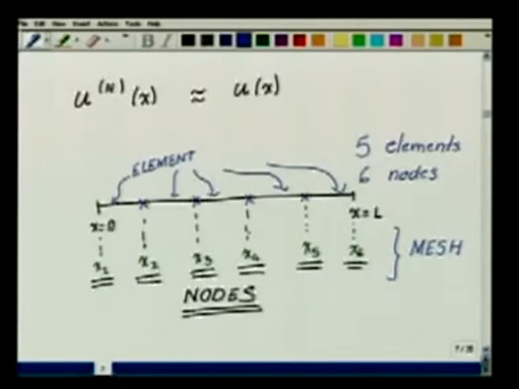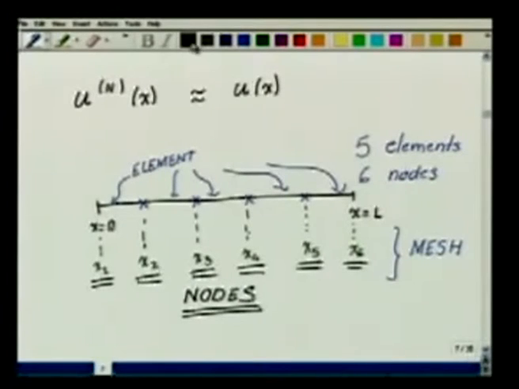Meshing is an integral part of any finite element computation, and this is a precursor to any solution process that we take. So we have formed a mesh for our bar. Now, for this mesh, again I'll draw the mesh.